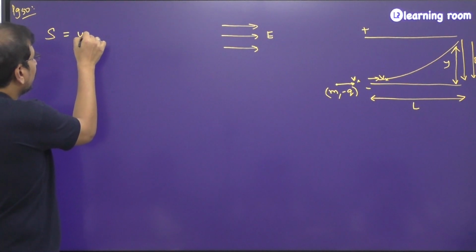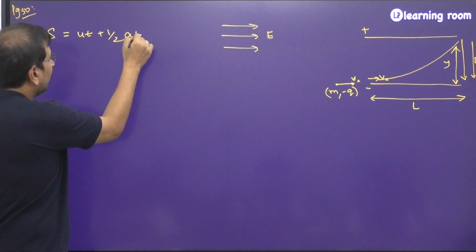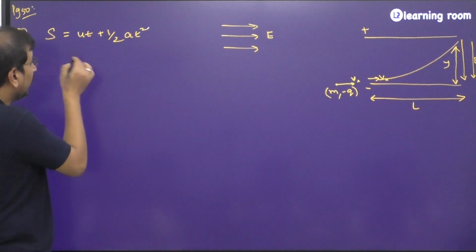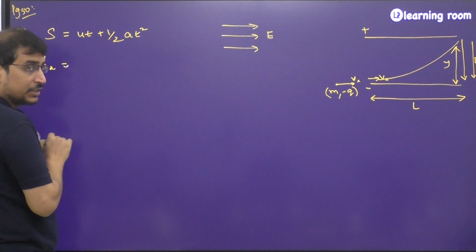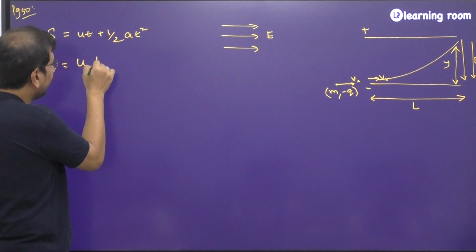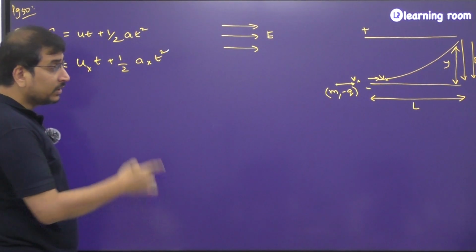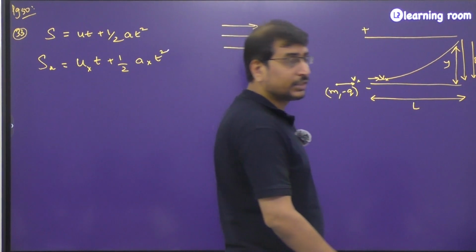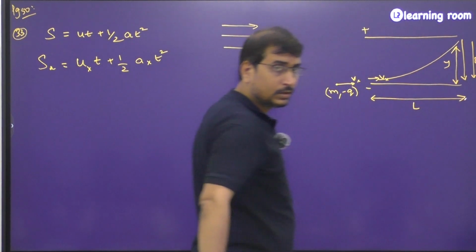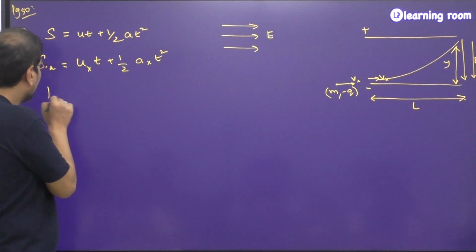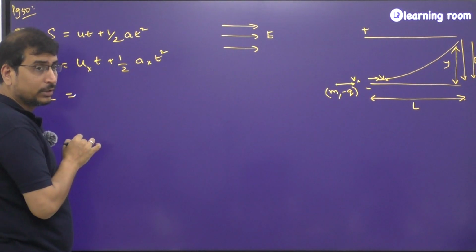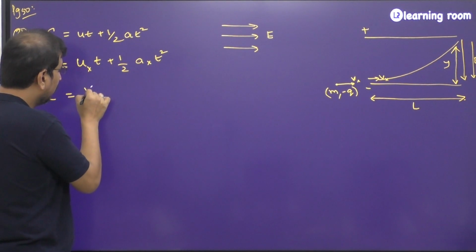S is equal to ut plus half at square. So apply this initially along x direction. Sx is equal to ux into t plus half into ax into t square. What is the displacement that has taken place along the x direction? L is equal to, what is the initial velocity along x direction? They have given it.